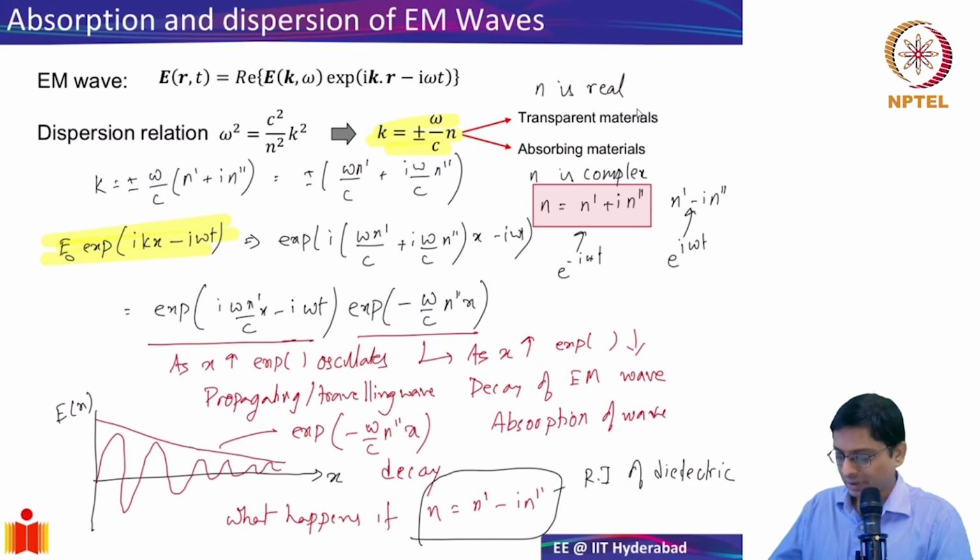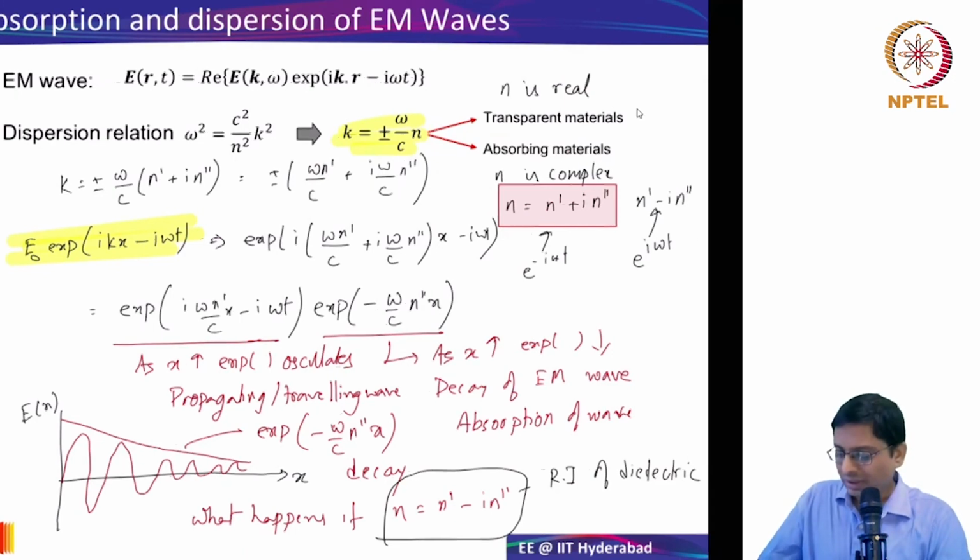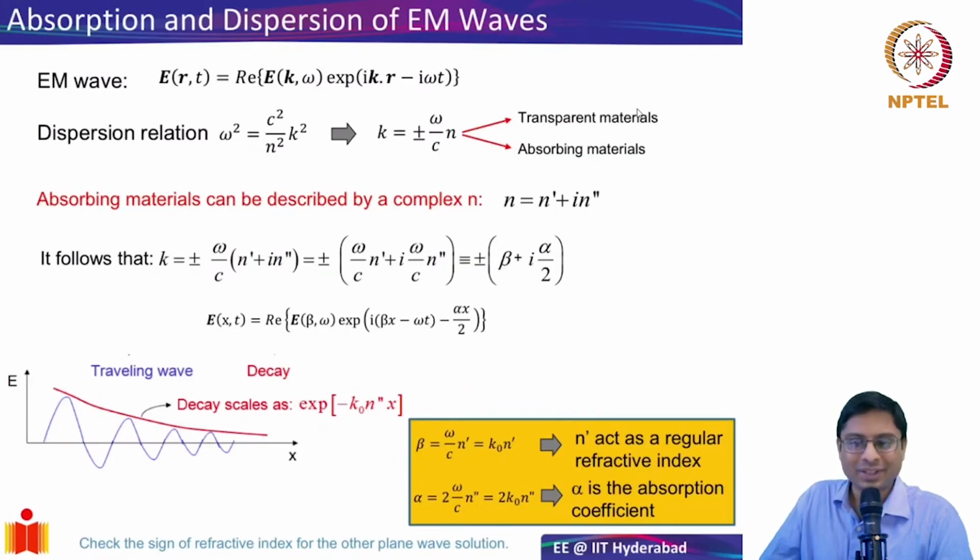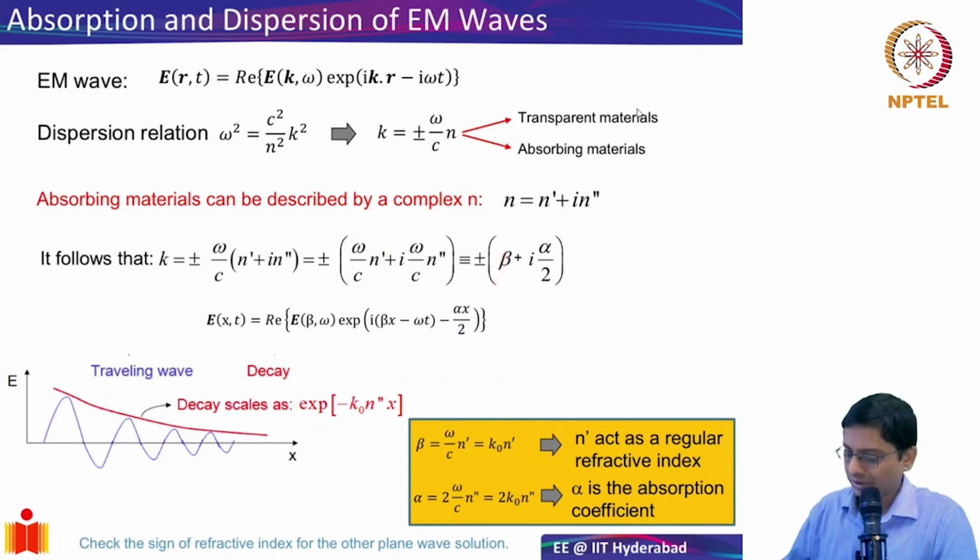Now, summarizing whatever I have done in a better form than my handwriting. You see the same things: absorbing materials have a complex refractive index, and then I can express my K as this one. Because of convention, the K corresponding to the real part of n, we'll call it beta.